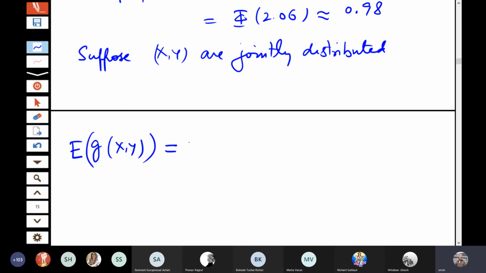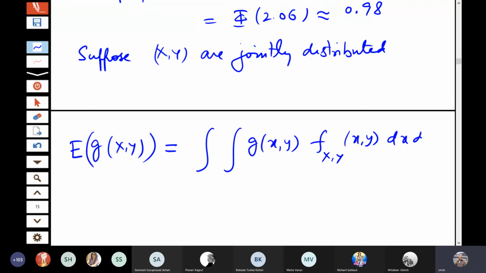Then what I have to do? Either it is a summation or an integral. Suppose I consider the integral. Then this is equal to the integral of g(x, y) f(x, y) dx dy, or dy dx, in whatever way you want to write.